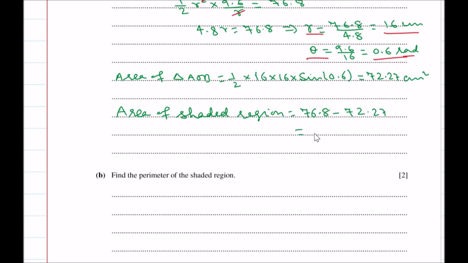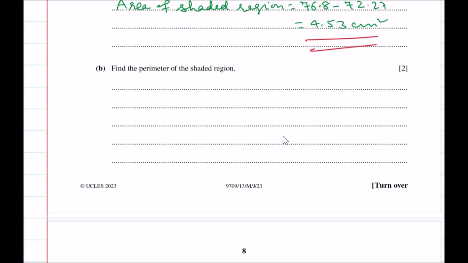So if you subtract, we get 4.53 centimeter square. So this is your answer. Okay. The next part says find the perimeter of the shaded region.